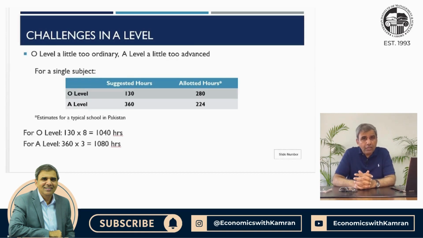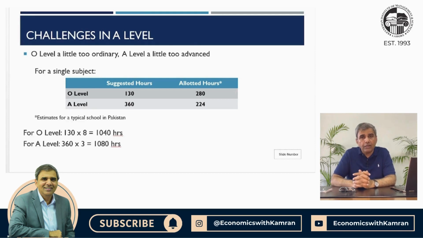Remember, if you're doing O level, O level is quite easy compared to A level. There is a simple diagram in front of you, a simple piece of information. For one O level subject, Cambridge recommends 130 teaching hours. So for 8 subjects, total recommended teaching hours for O level are 1040.